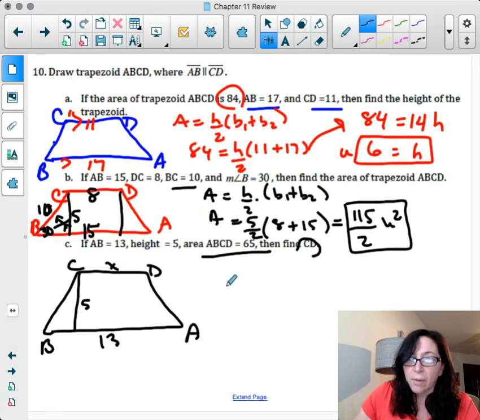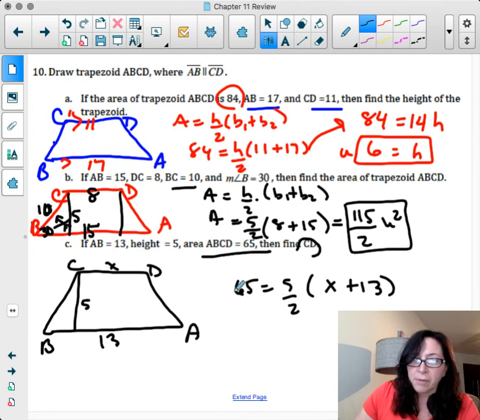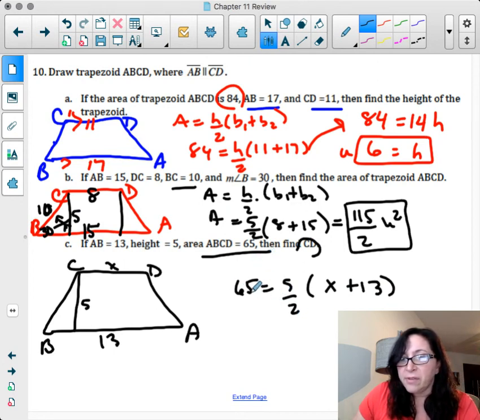Okay, so area, which is 65, is equal to height divided by 2 times the sum of the bases, x plus 13. So what I probably would do is just multiply 2 times 65, and then to get rid of this 2, and then let's see, then I would just multiply through by 5 and minus 13.